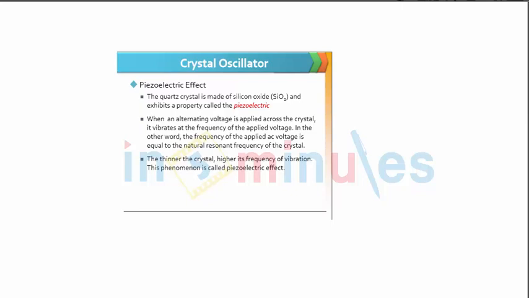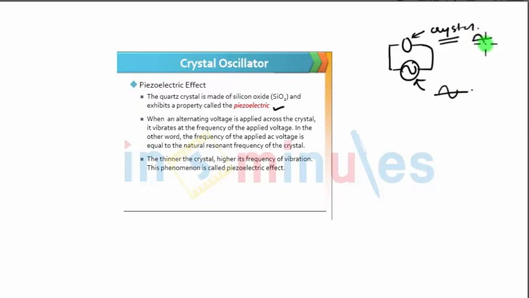Now, basically, the crystal oscillator works on the piezoelectric effect. What is the piezoelectric effect? Suppose you apply an alternating signal to the piezoelectric crystal. The crystal oscillates at the frequency of the input signal. So whatever is the frequency of the input signal, the crystal oscillates at that particular frequency.